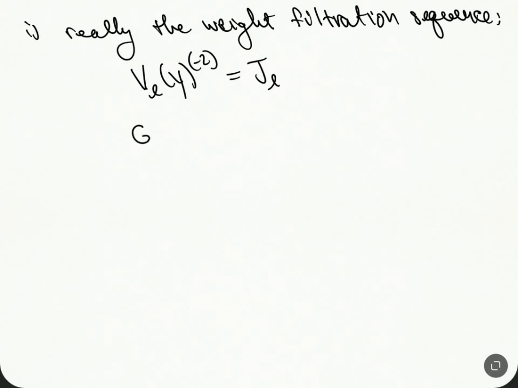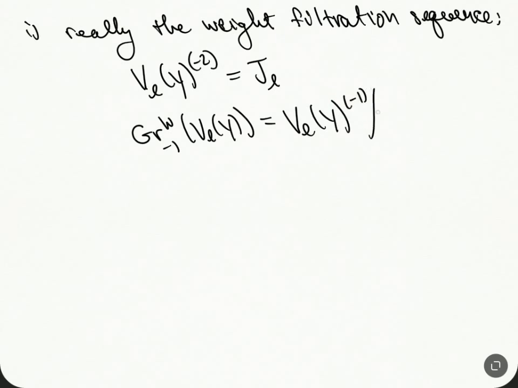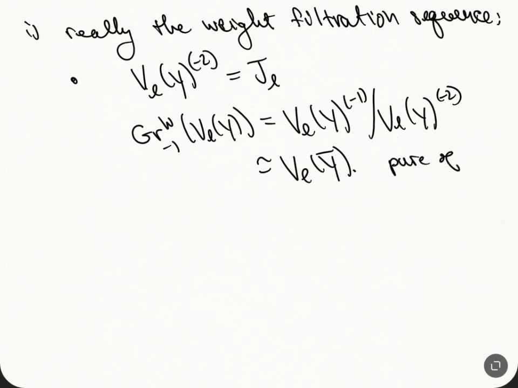If we look at the minus 1 graded piece of VLY, this is going to be VLY minus 1 over VLY minus 2, and this is just going to be isomorphic to VLY bar. So this is pure of weight minus 1.